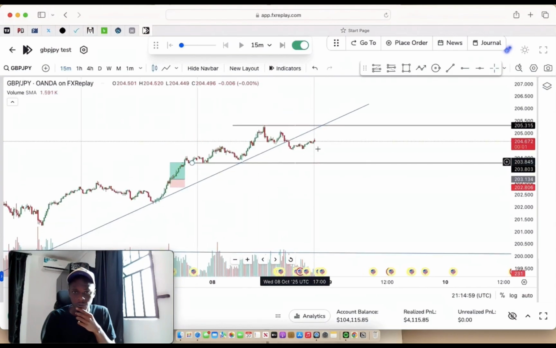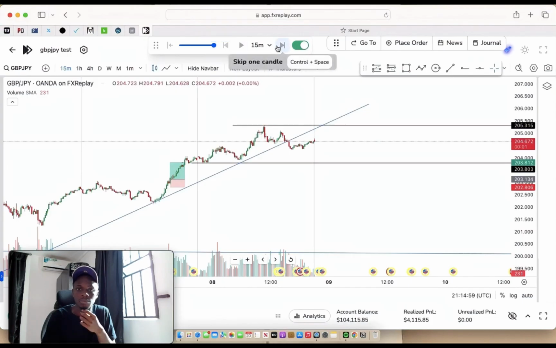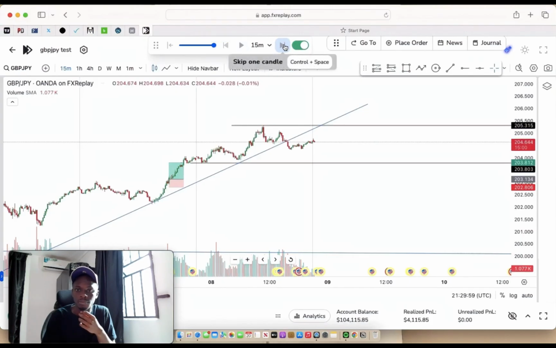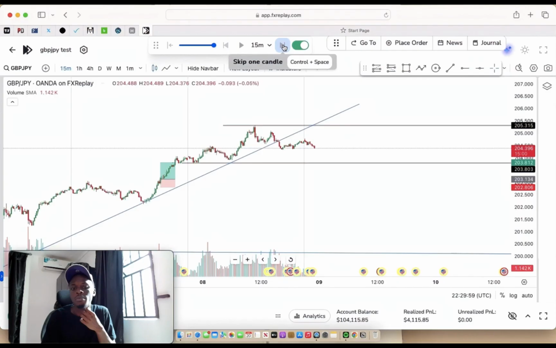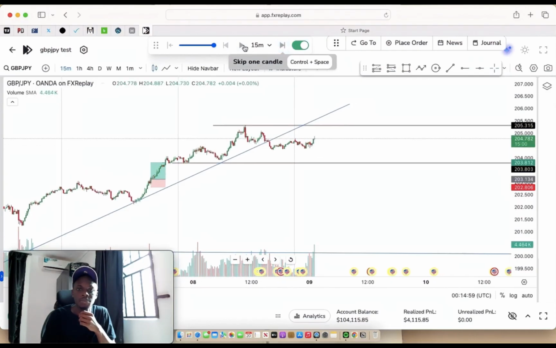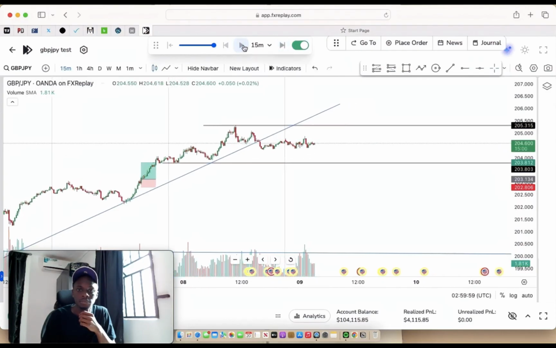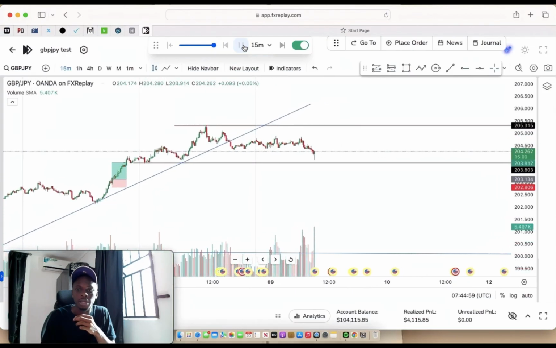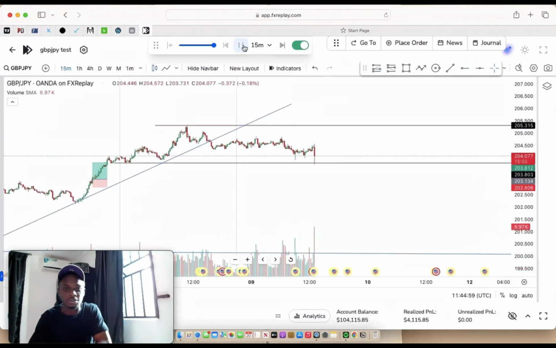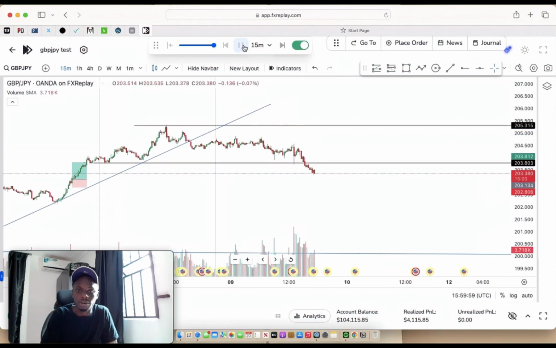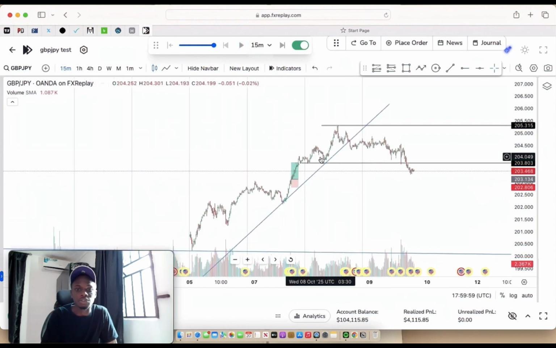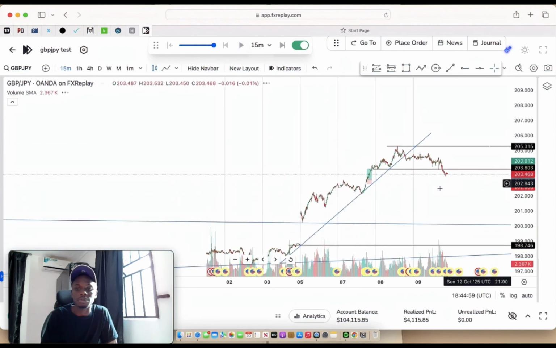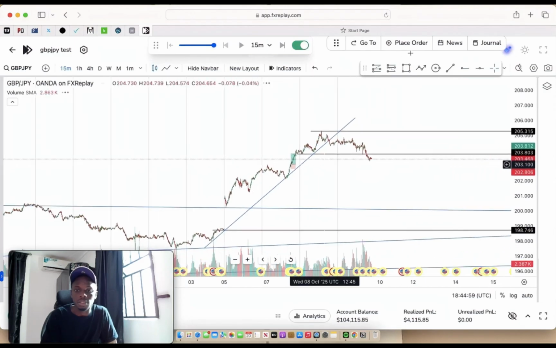So no setup this day, obviously. Keep pushing. Even the price action for this day too, I don't like it. Well, I see what's trying to get a change of trend. Trend has already broken, obviously.